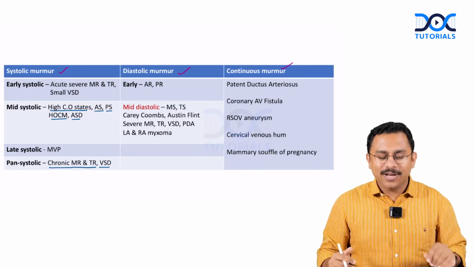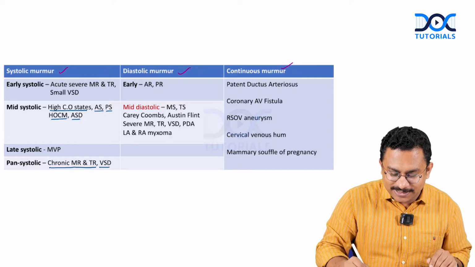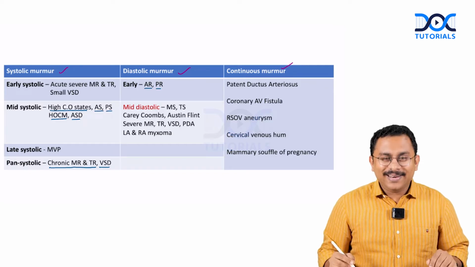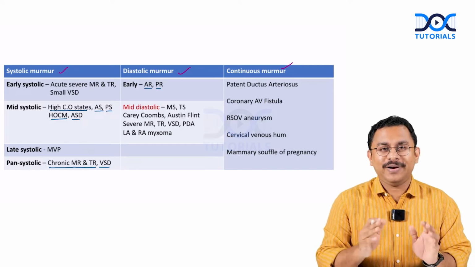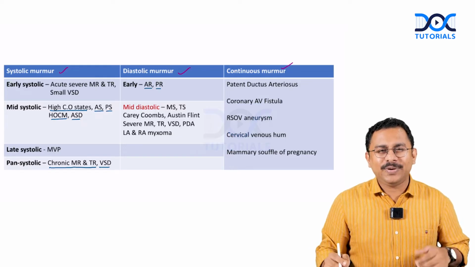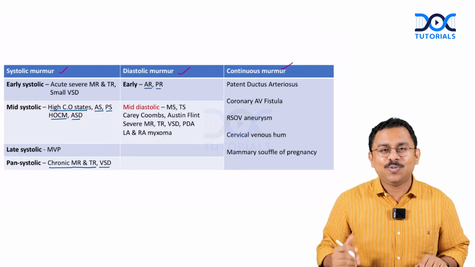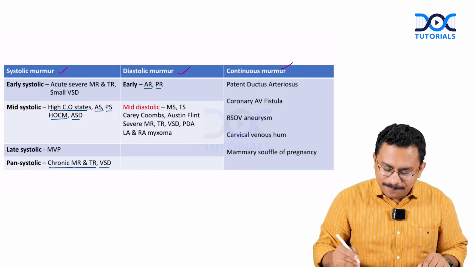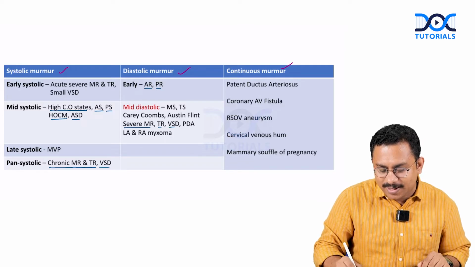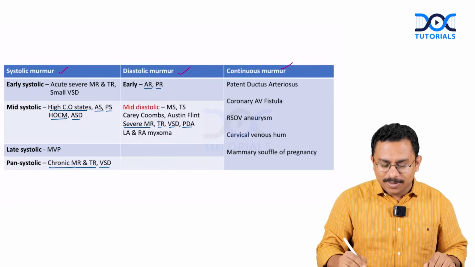Coming to the diastolic murmurs, early diastolic murmur is seen in aortic regurgitation and pulmonary regurgitation. Mid-diastolic murmur is often a hot favorite for your exams. This can be seen in association with mitral stenosis, tricuspid stenosis, the Carey-Coombs murmur, Austin-Flint murmur, and also with a severe MR, TR, VSD or PDA, you may get a mid-diastolic murmur.